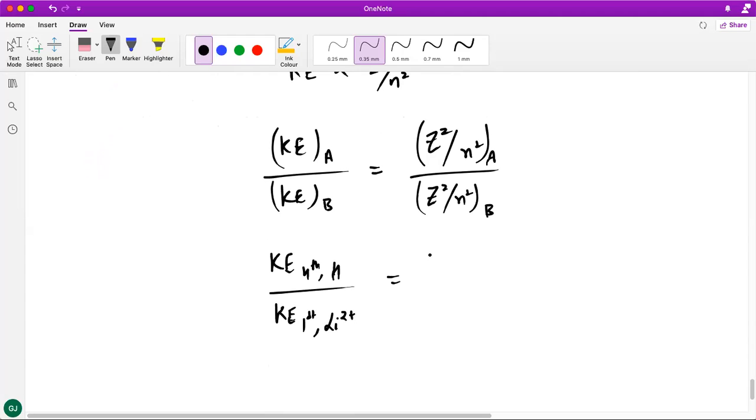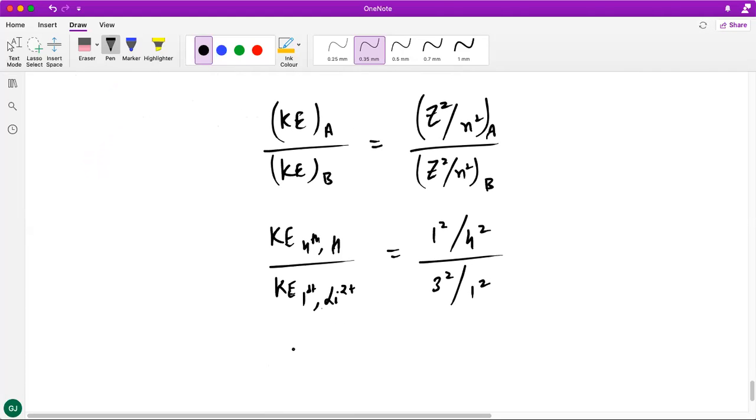So this will be, notice here, 1 square upon 4 square divided by Z of lithium which would be 3 square upon n which will be 1 square. So you will get that kinetic energy of the first orbit of lithium 2 plus is coming out to be 144 times the kinetic energy of fourth orbit of hydrogen.